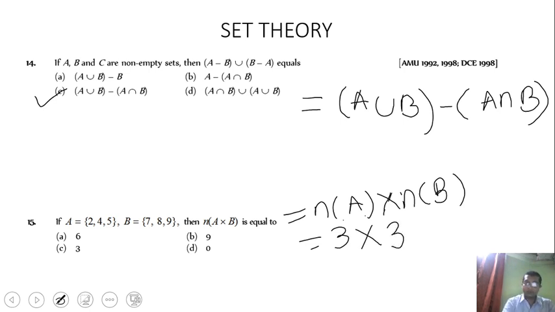So 3 times 3, we get the answer as 9. Therefore the correct option is B.